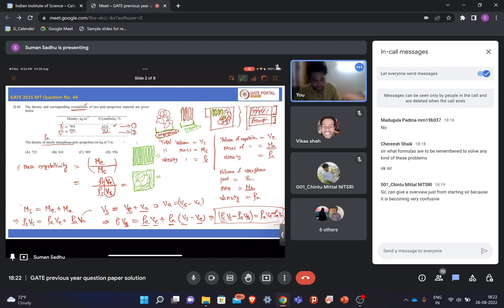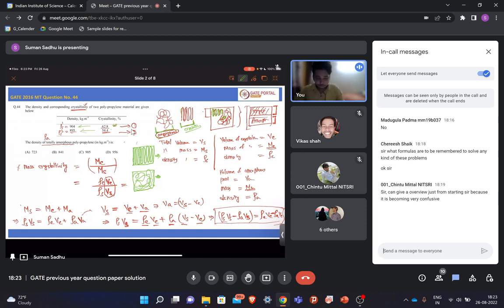So the totally crystalline polymer will have higher density, and the totally amorphous polymer will have lower density. That is why you can see here that as the percentage of crystallinity increases, the density is higher. As it decreases, the density also decreases.